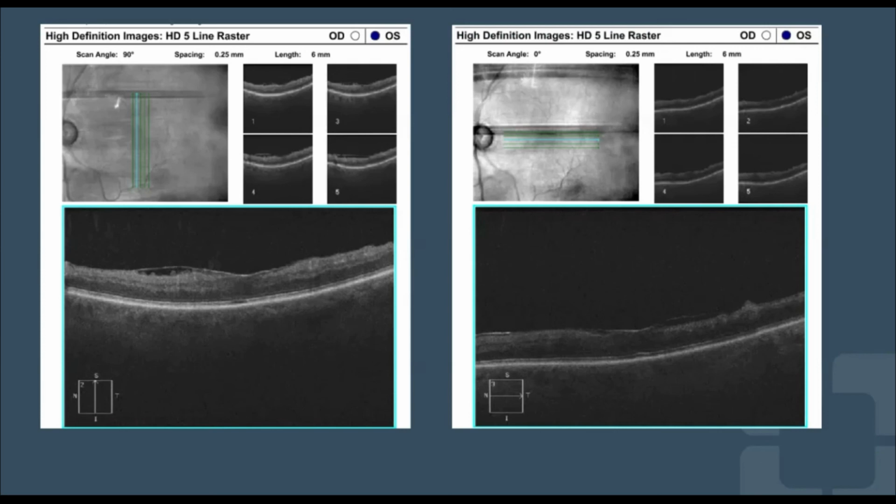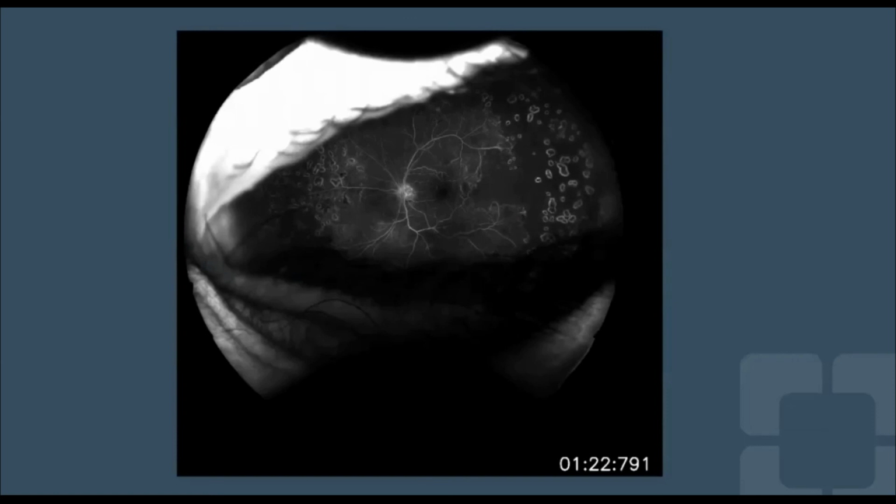So we obtained additional imaging to evaluate this, and here's his FA image, wide field, and we can see the areas of peripheral non-perfusion and the reason why he had PRP, panretinal photocoagulation. We can see the laser, and we can see that in the temporal macula, he has significant area of non-perfusion that's obvious on this fluorescein angiography.